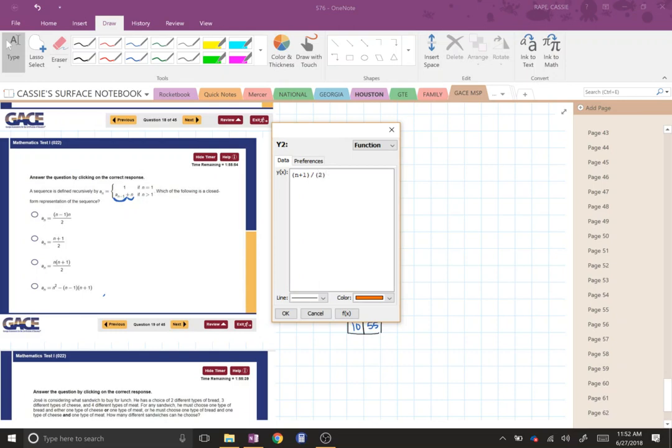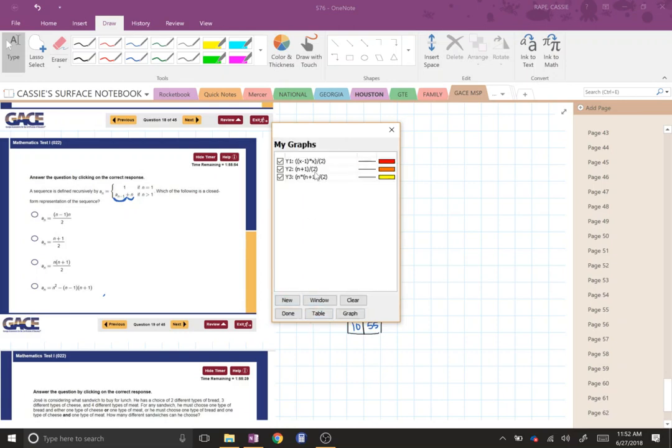And click OK. The next one I'm going to make yellow. Open parenthesis, n times, open another parenthesis, n plus 1, close the n plus 1, close the numerator, divided by, open the denominator, 2, close the denominator. Okay, and the fourth one is n squared. Oh no, hold on, forgot something.